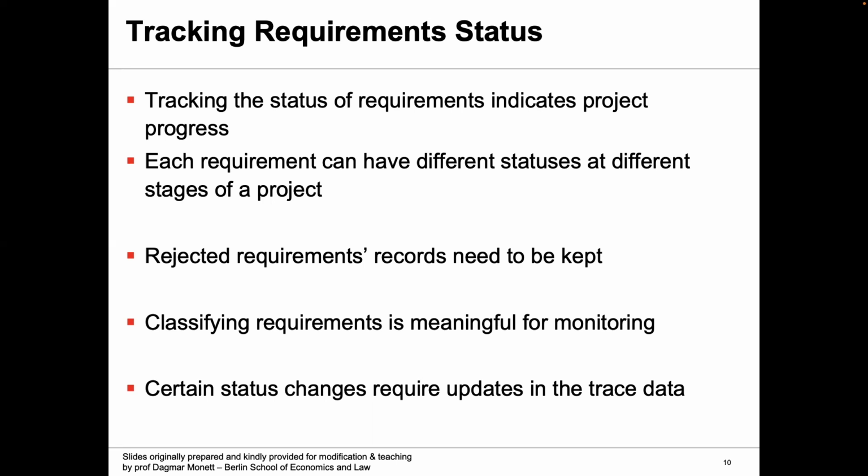So you're also telling it that because the status got updated, there will be a coinciding change maybe in the design, in the coding, in the testing of that requirement. So the status changes correspond to all these updates in your tracing tool.